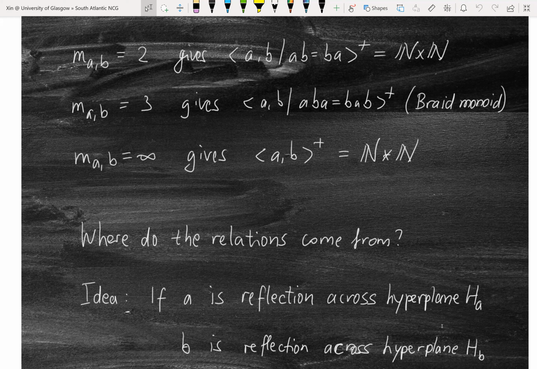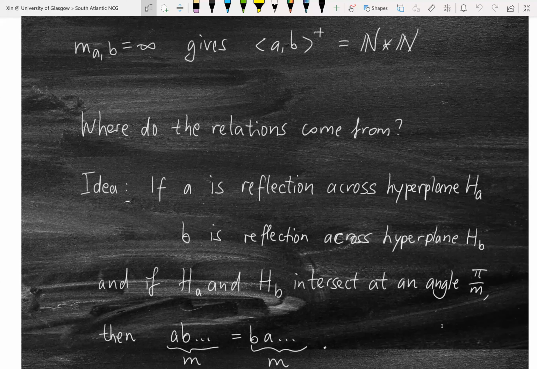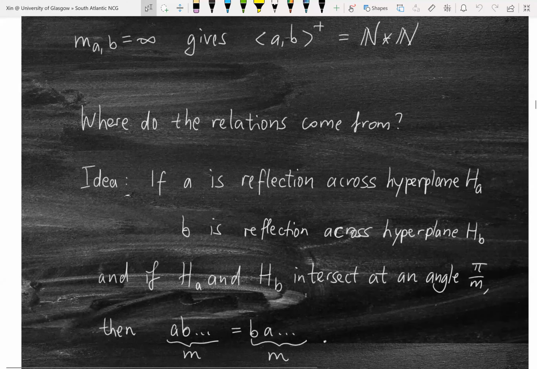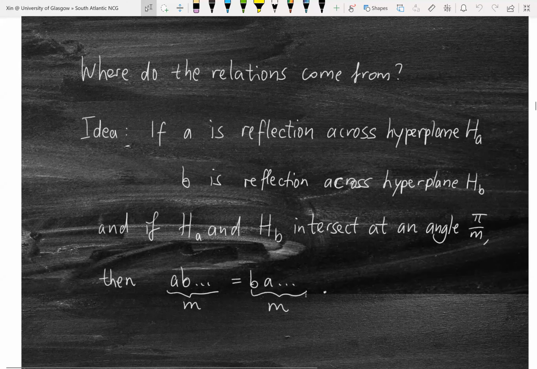So a is a reflection across a certain hyperplane H_a, and similarly for b. And then if these hyperplanes intersect at a certain angle, namely pi over m, then you can check that indeed you get a relation of the form you're looking at: the alternating product starting with a, of m letters, is the same as the one starting with b.